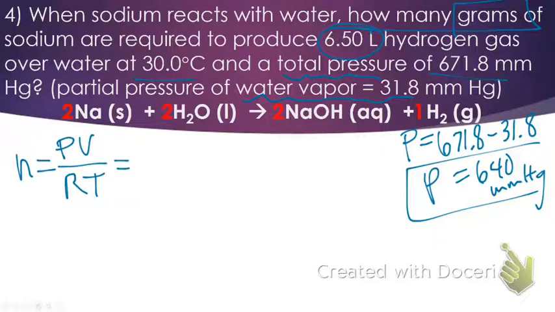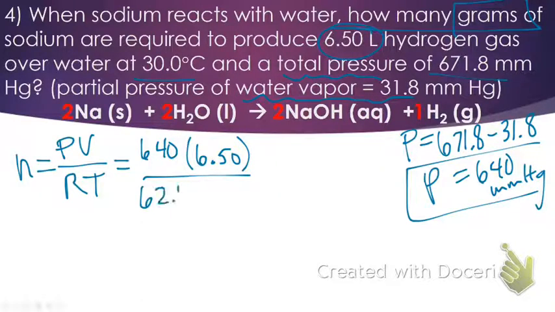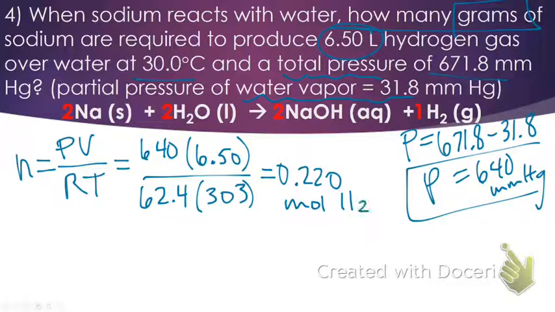My pressure is 640. My volume was 6.5. R, based off of those mmHg, is going to be 62.4 again. And my temperature is going to be 303. Solving for this n, I'm getting 0.220 moles of hydrogen.